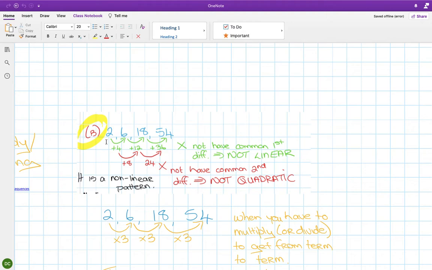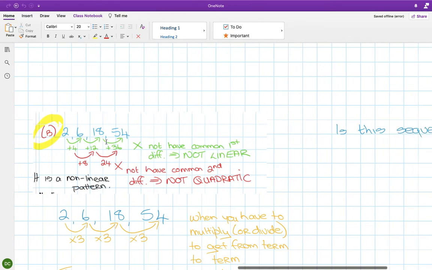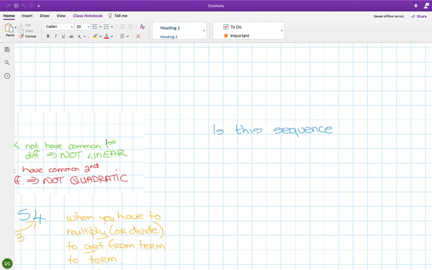Okay. So we're going to consider this sequence. Is this sequence linear or non-linear?